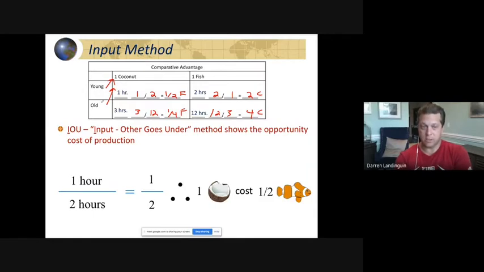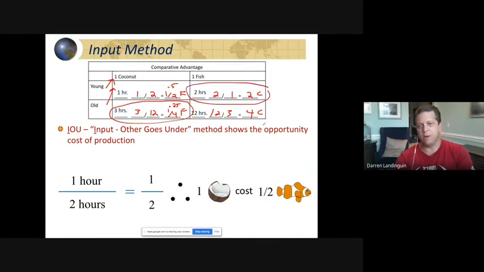So in this case, the old man, when he produces 1 coconut, it only costs him 0.25 of a fish versus 0.5. So he should be focusing on that endeavor. For the fish catching, it costs 2 coconuts for the young man versus 4 coconuts for the old man. Clearly, this is cheaper for him to produce.